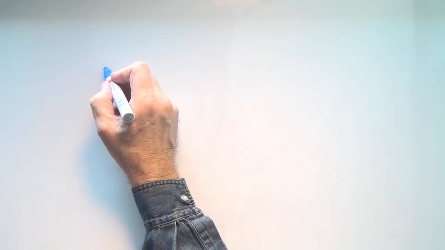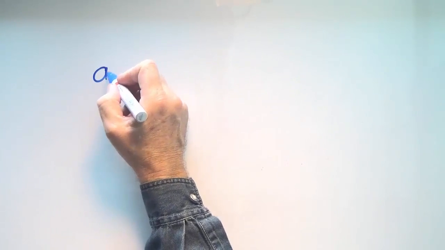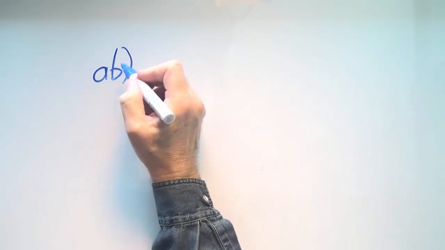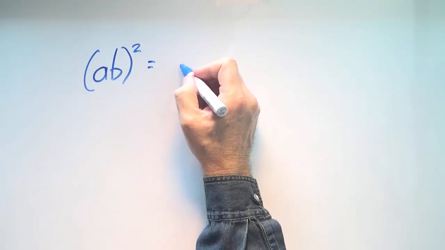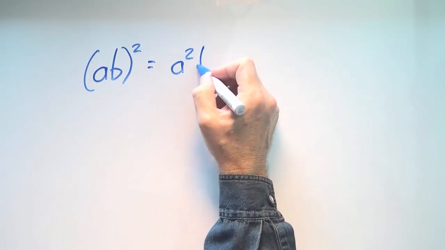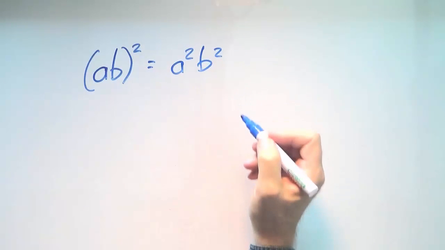You may have learnt in algebra that when you have AB quantity squared, then the solution to this is A squared B squared.